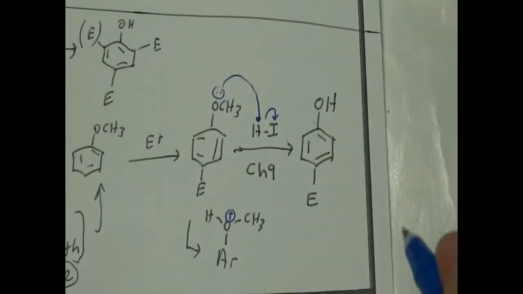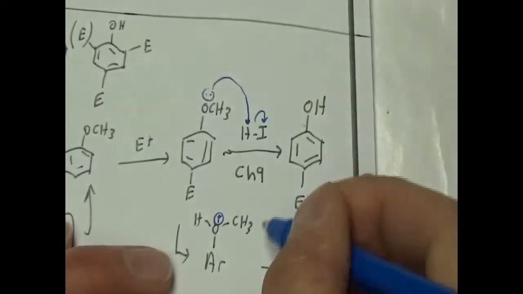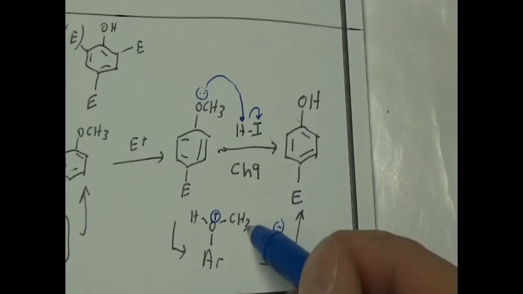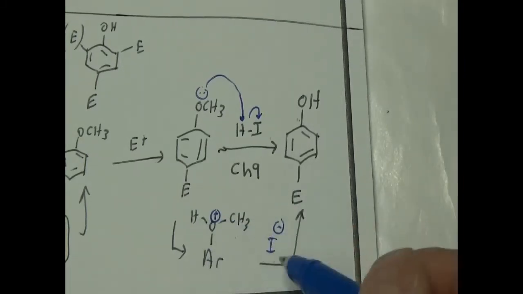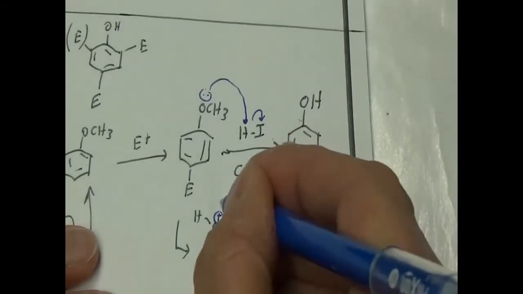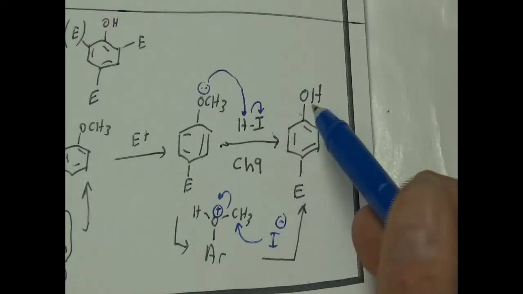Okay. Now you got nucleophilic iodide. Nucleophilic iodide, you have a methyl with essentially a leaving group on it, so what's it going to do? Attack. And that gives you what you want. Your product is actually the leaving group, right?